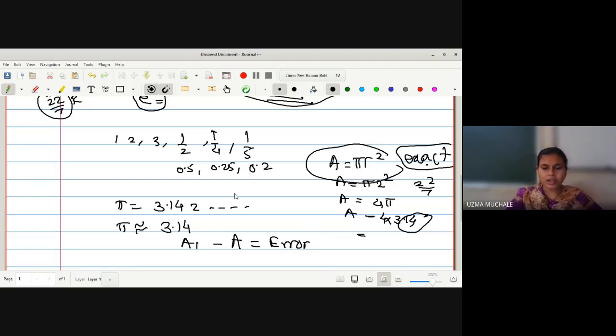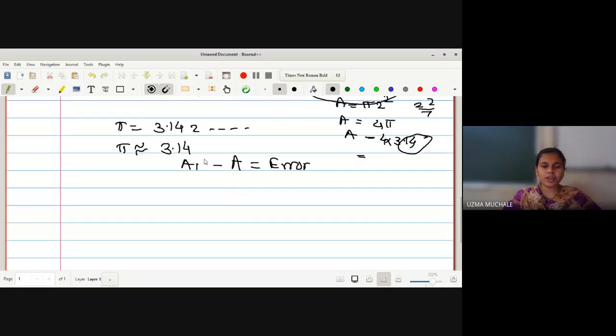So this is a simple definition of error: the difference between the true value and the approximate value is called an error. What is the definition of error? Error is the difference between the true value of a quantity and its approximate value, and hence it is called an error.